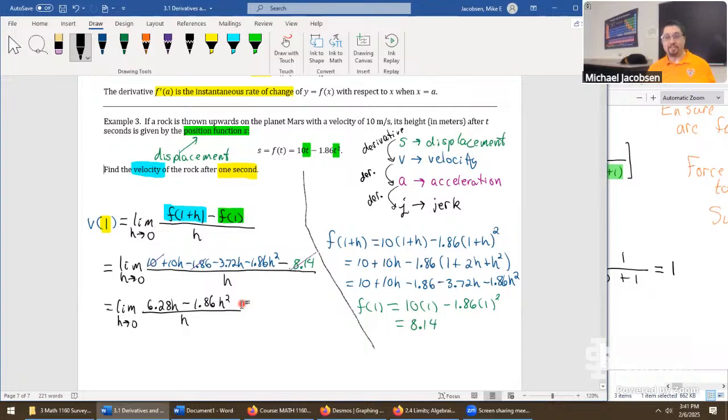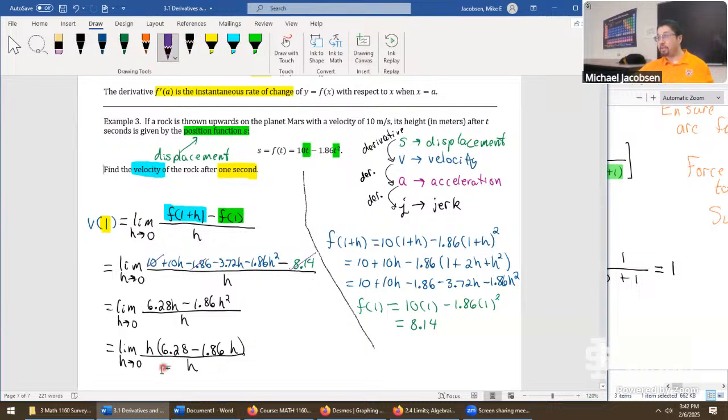Now, you can cancel h here if you like, but usually I like to write out this step. It's a little bit more careful, but it's not required. If you're comfortable canceling h on this step, it's totally fine as well. Factoring out h, though, gives us a 6.28 minus 1.86h, all of which is divided by h.